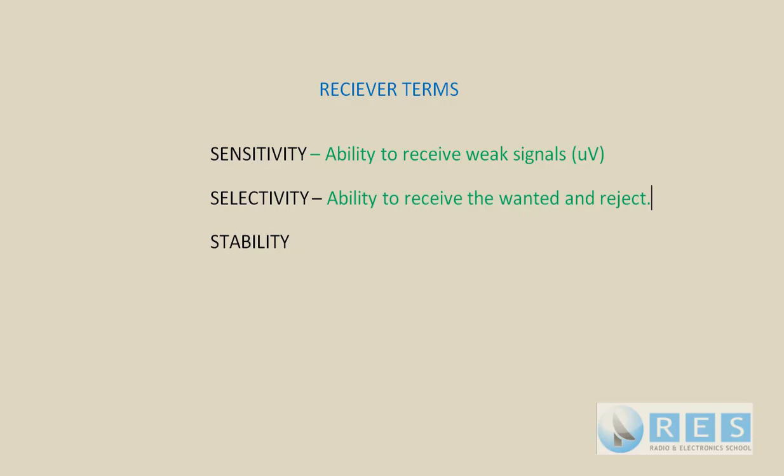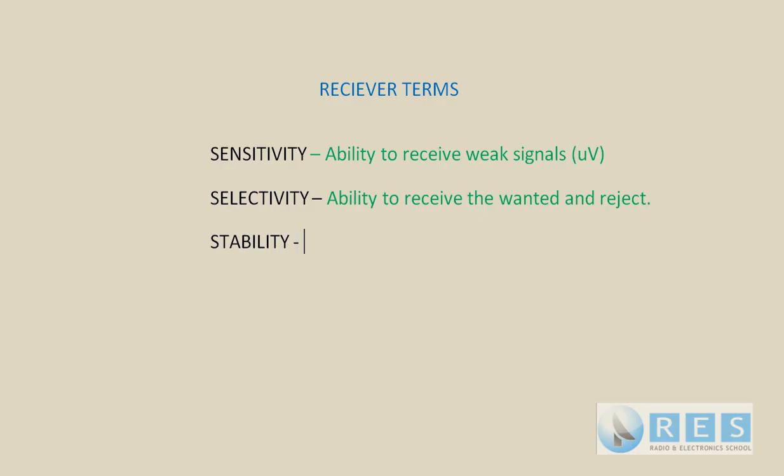It's a measure of the sharpness of the receiver. It's the ability of the receiver to pick up the signal that you want, and for any other signals that are not on that frequency but close to it, that receiver should reject those signals. That property of a receiver is called selectivity.